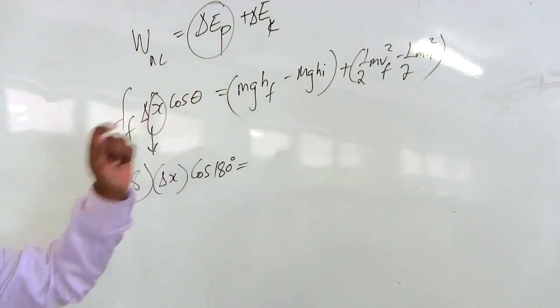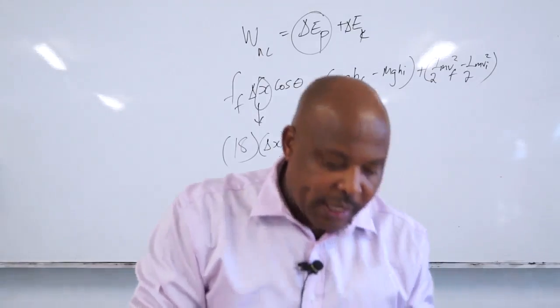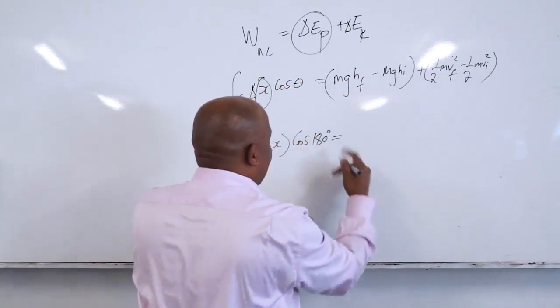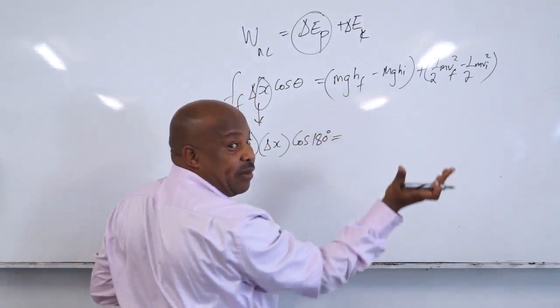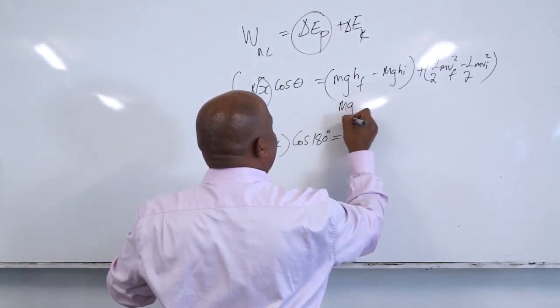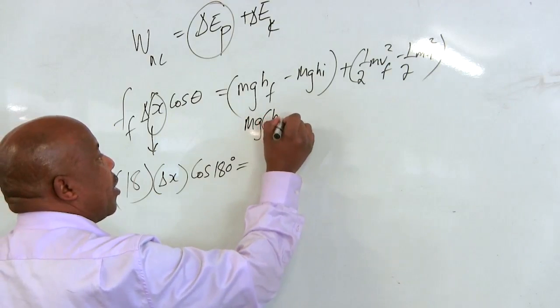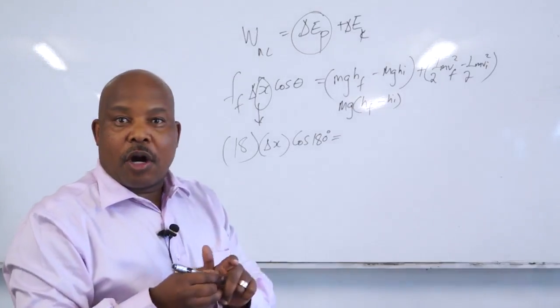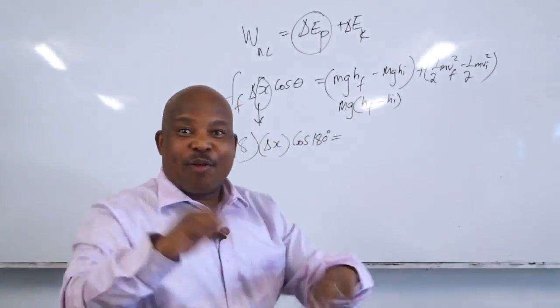And then now we come to delta EP. In the case of delta EP, before you solve, I'm going to make it easy for you so that in the exam you don't have to struggle. You can easily say mg brackets final minus hi. Why? Because mass and gravity will never change.